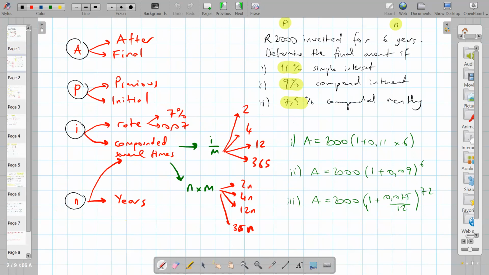And there is the case of compounding several times, like compounded monthly, quarterly, semi-annually or daily, so you can have 2, 4, 12, and 365. What will happen in this case? We must divide the interest rate by those numbers, and we have to multiply the years by these numbers. And by the way, N is years in this case, when it is the A formula.